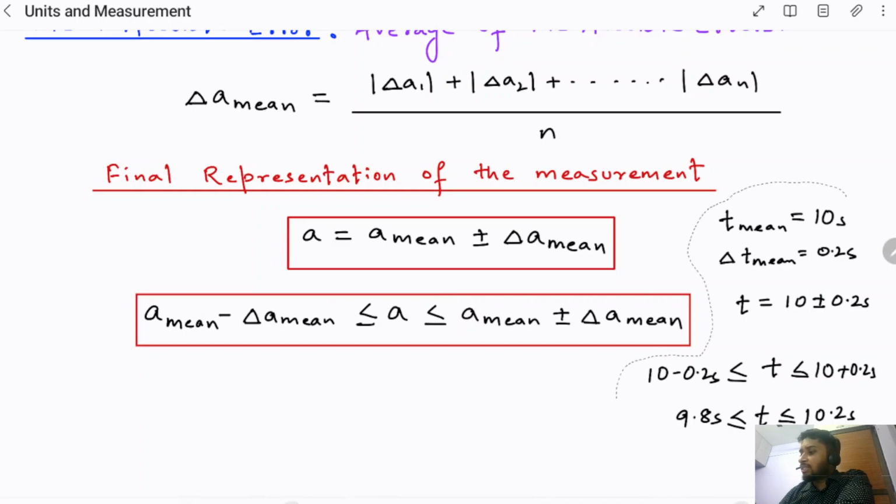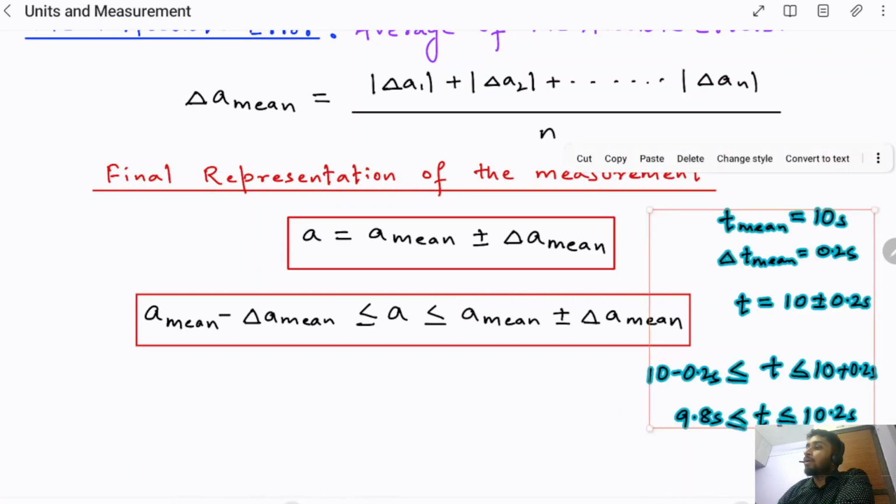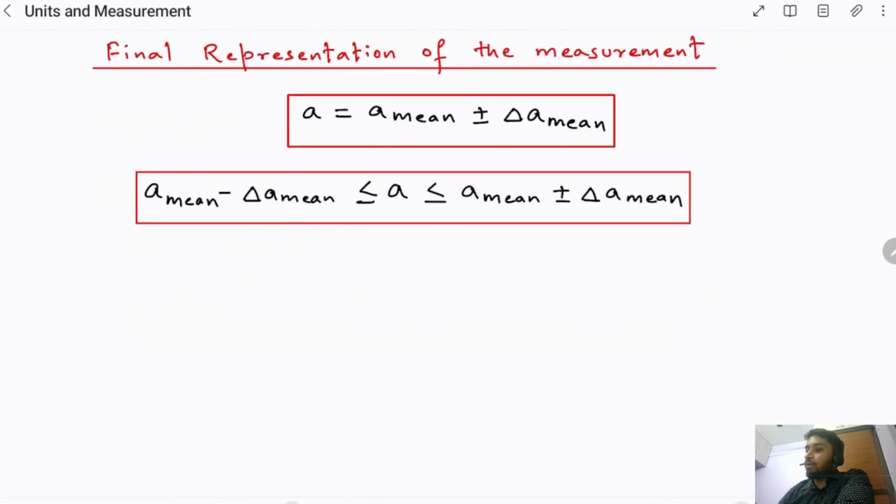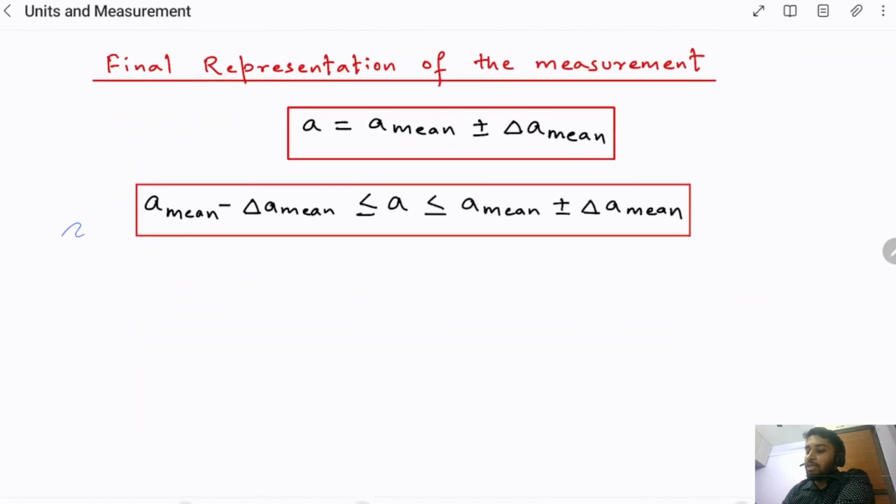Now two last terms we will see, and then we are going to wind up this session. Another term we have is relative error. Okay, relative error is simply the ratio of the mean absolute error and the mean value.